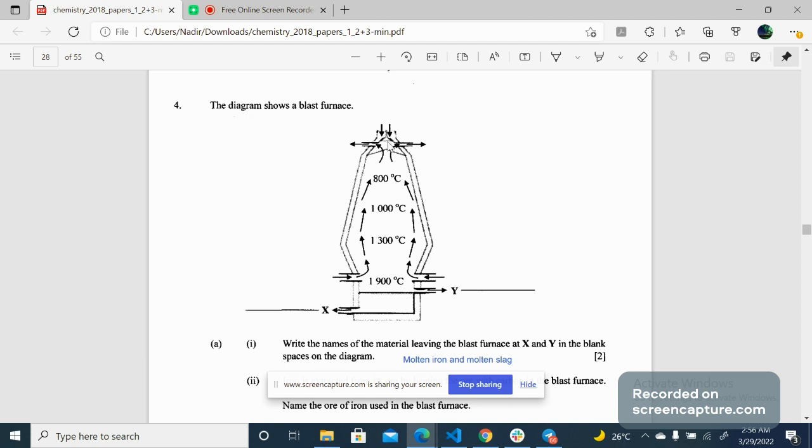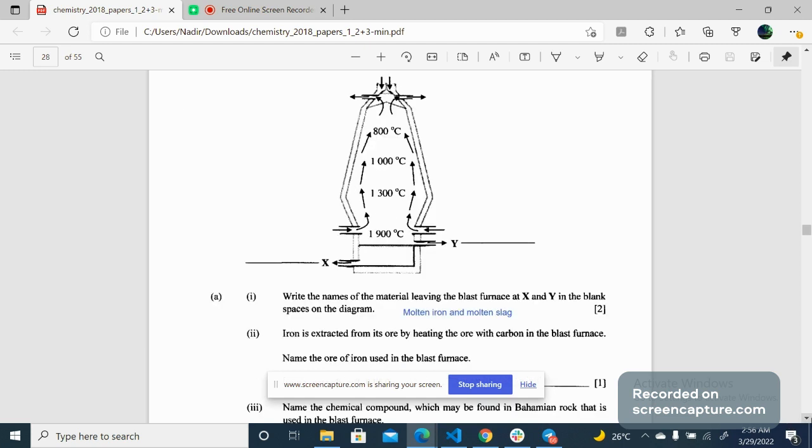After this diagram, we see some related questions. Subsection A, part 1, asks us to refer to the diagram and tell the names of the material leaving the blast furnace at X and Y labels in the diagram.